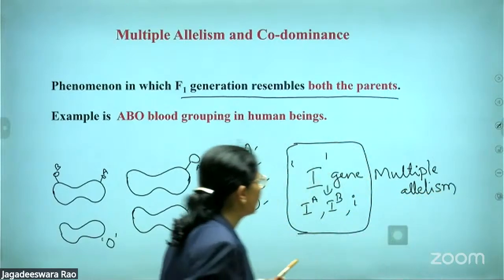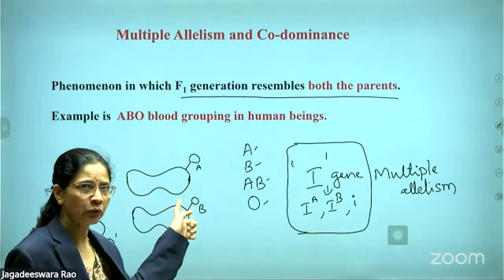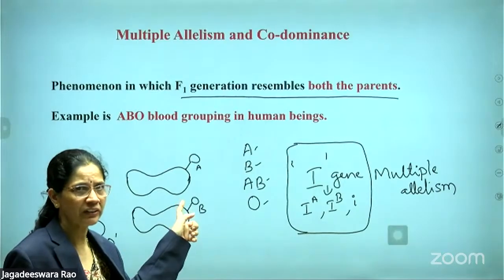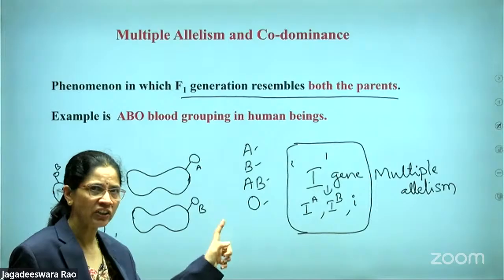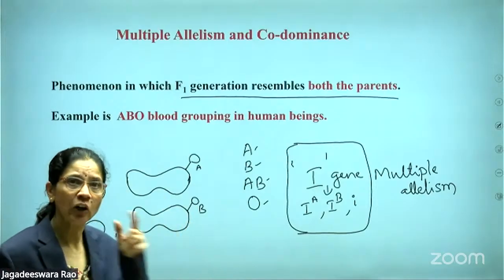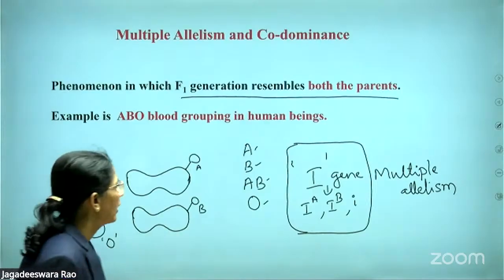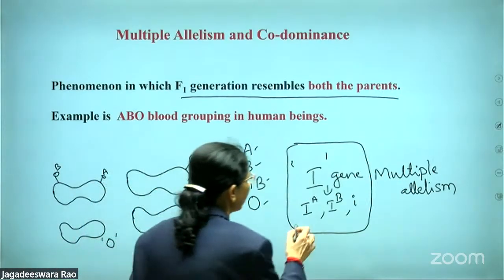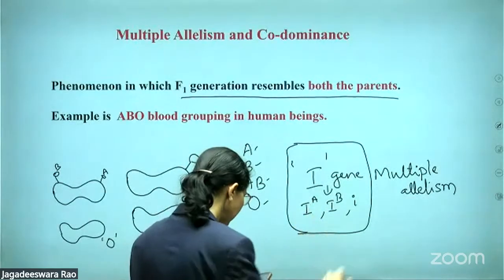Yes, children? So, who is responsible for the formation of sugar polymer on the RBC surface? That is the I gene. How many alleles are present in the I gene? Three alleles. Generally, only two alleles are present. There is a twist, I will explain that. So which are the alleles? IA, IB and i.